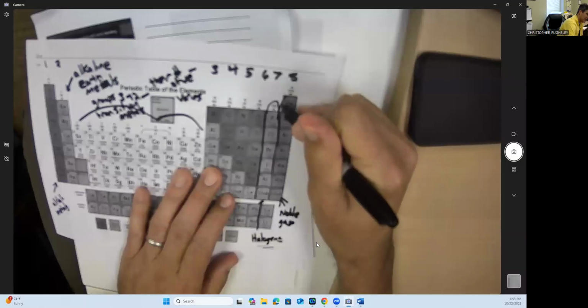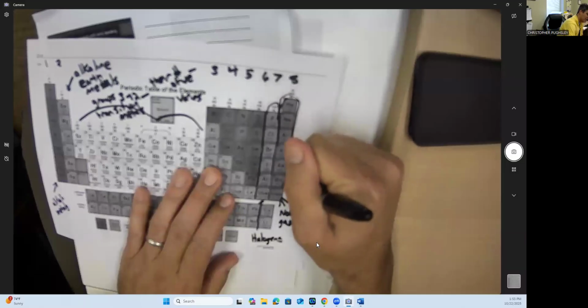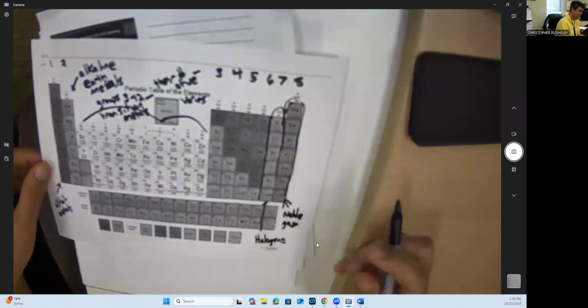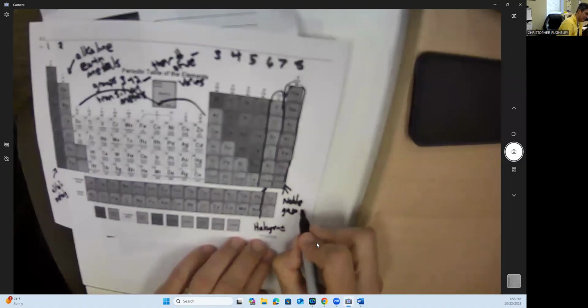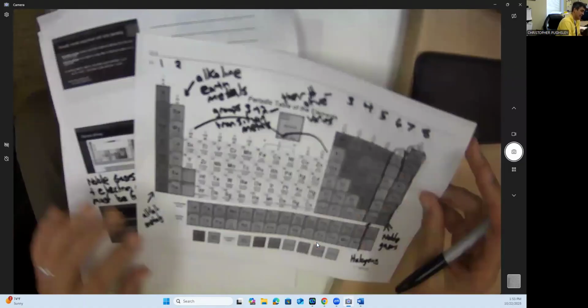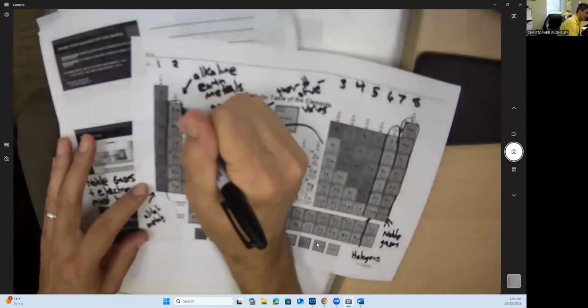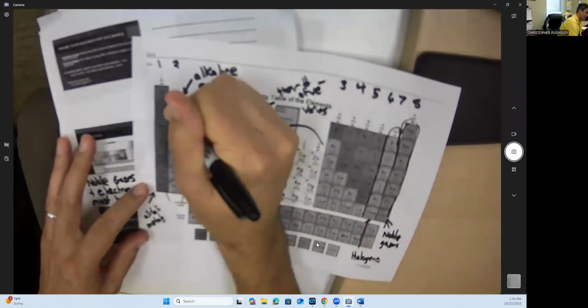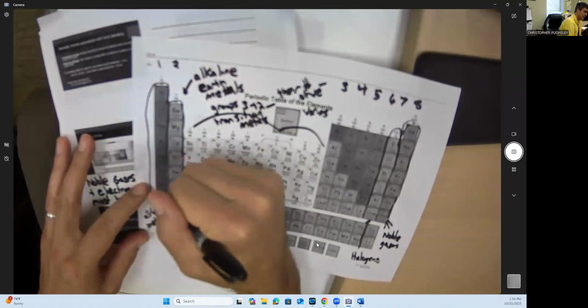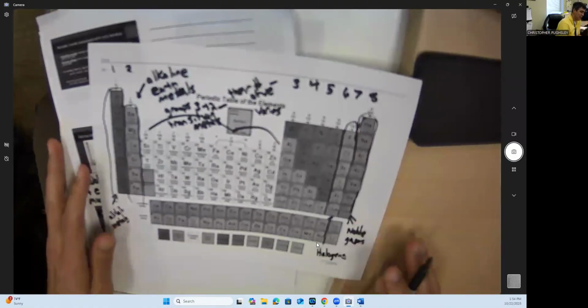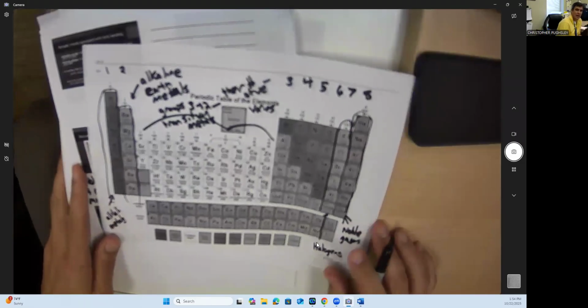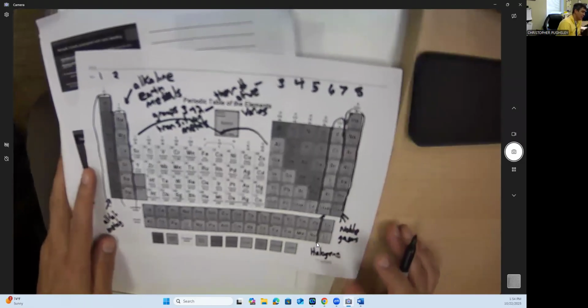And here are our noble gases, and this is the alkaline earth metals, and this is the alkali metals. So we've gotten all that.